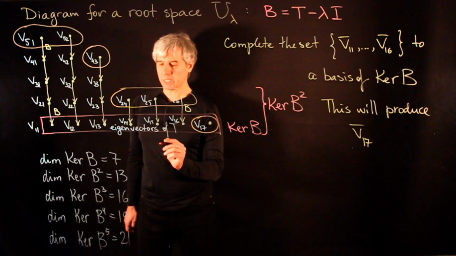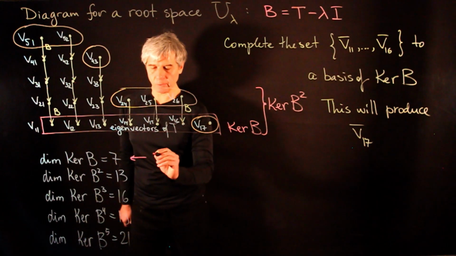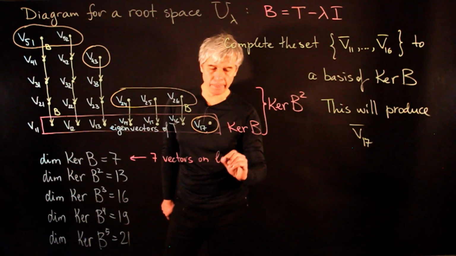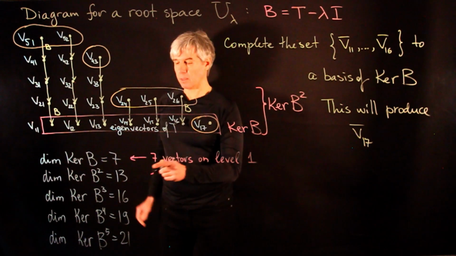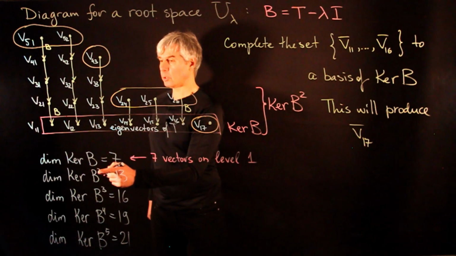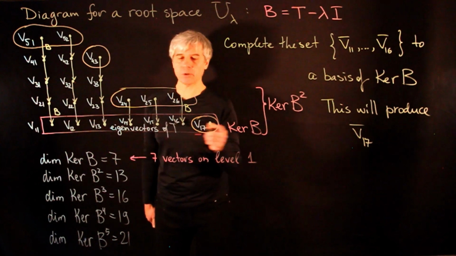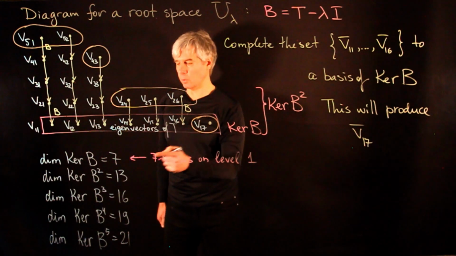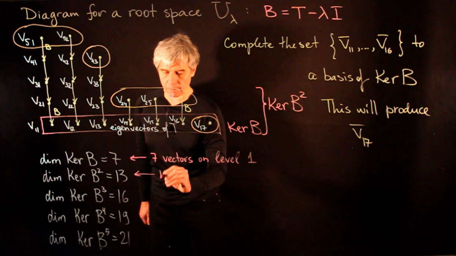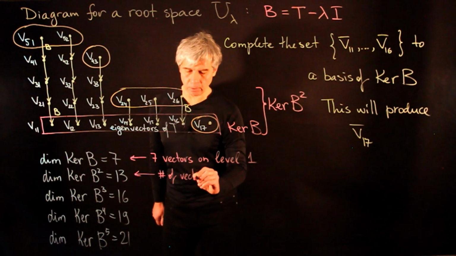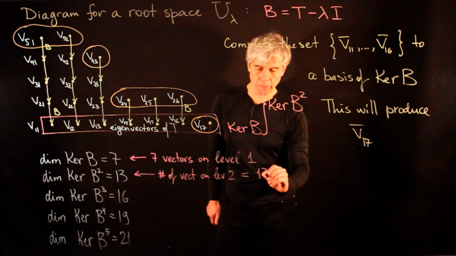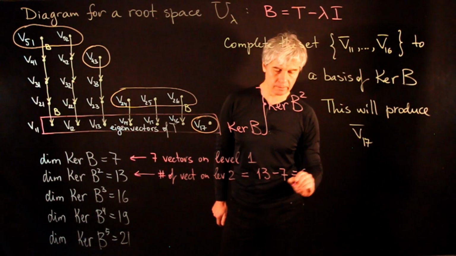Now, what do these numbers tell us? These numbers tell us that we have 7 vectors on level 1. Then the number of vectors on level 2 is the difference between the dimension of the kernel of B squared, which includes vectors that are both on level 1 and level 2, minus the dimension of the kernel of B. So this means that the number of vectors on level 2 is 13 minus 7, which is 6.